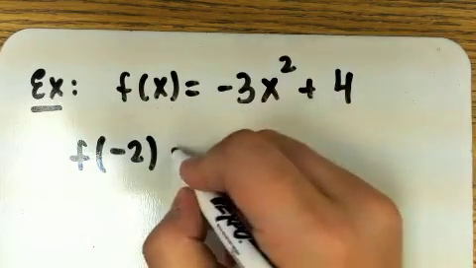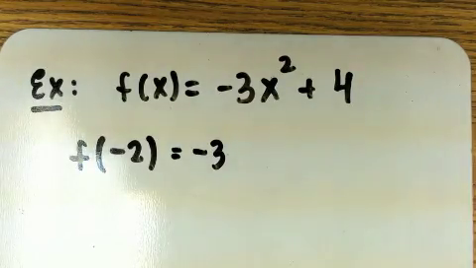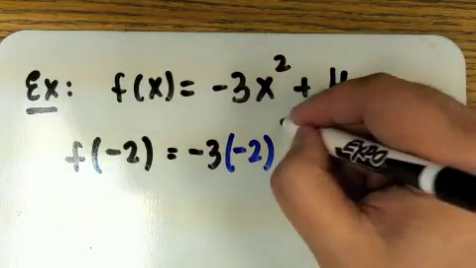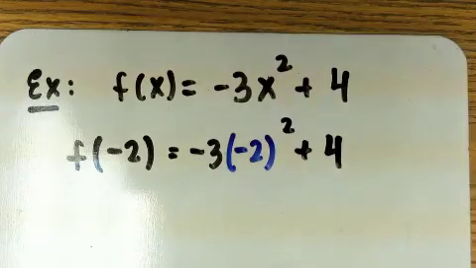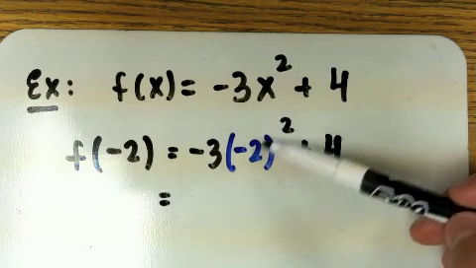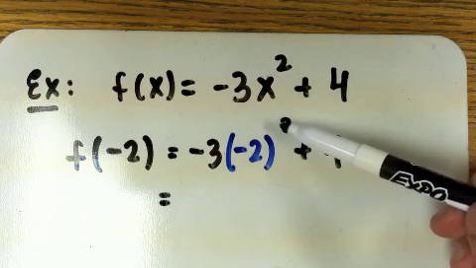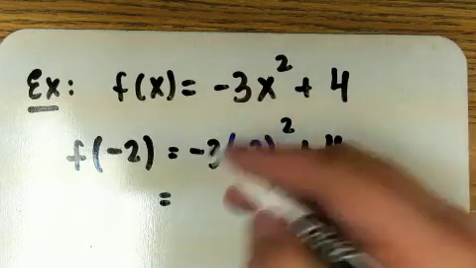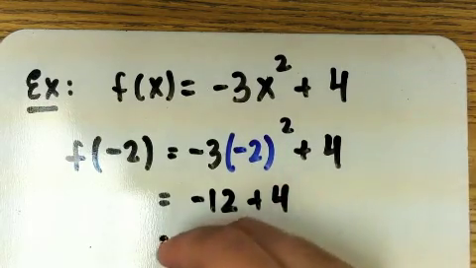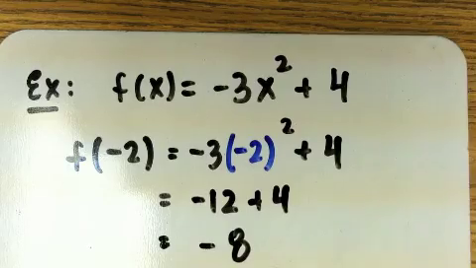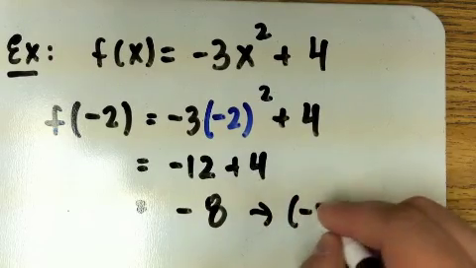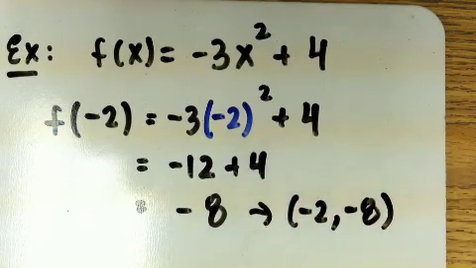Parentheses. Good. So, negative 3 times negative 2 to the second power, plus 4. Okay, remember do your exponents first. So negative 2 to the second power is positive 4. Positive 4 times negative 3 is negative 12. Plus 4. And finally, when you add that up, you get negative 8. And then as an ordered pair, this would read (-2, -8).